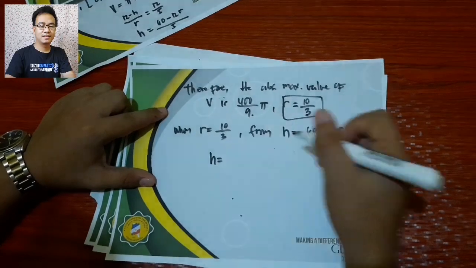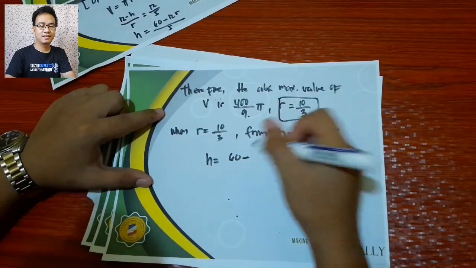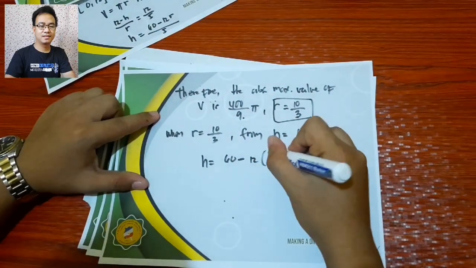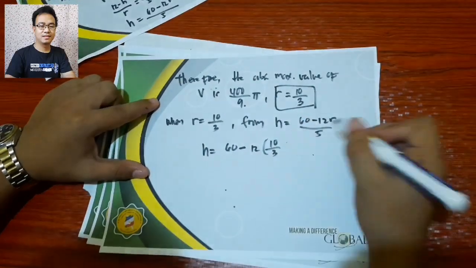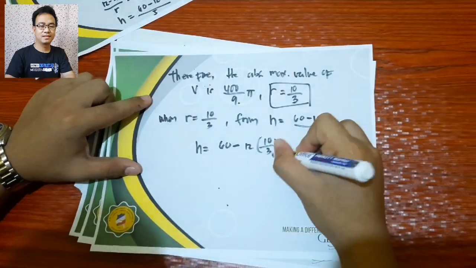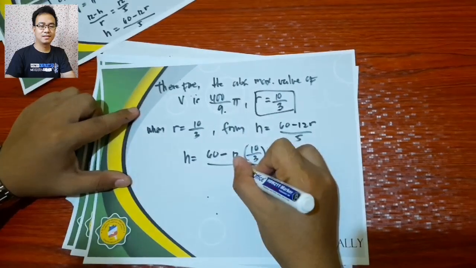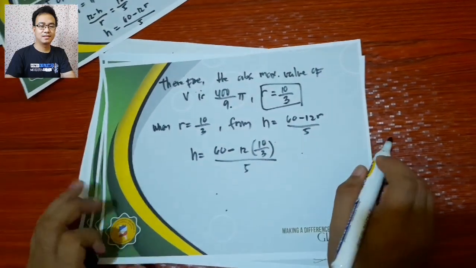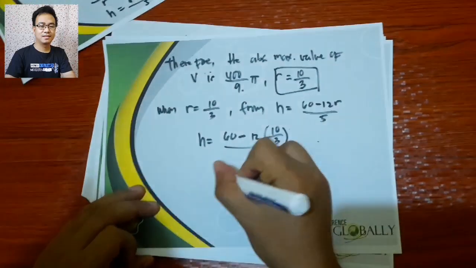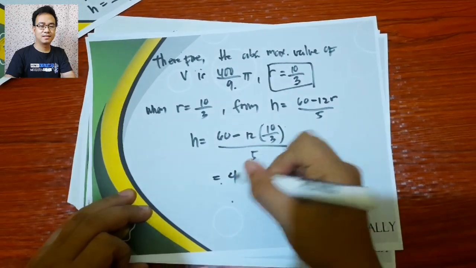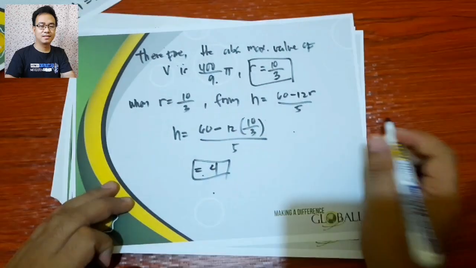Then, H is equal to 60 minus 12 times 10 over 3, all over 5. And this will give us H equals 4. Okay?